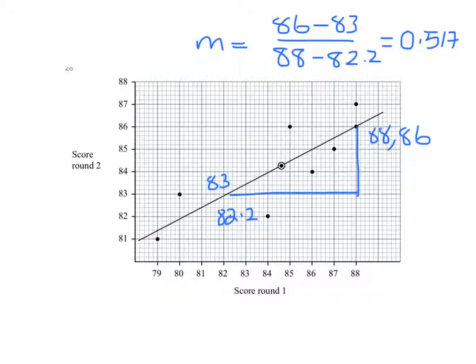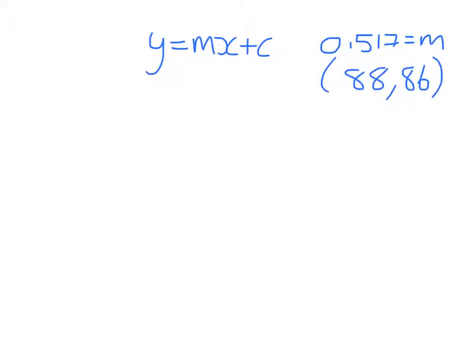Need to work out the y-intercept. You can only find the y-intercept from the graph if it starts at 0, and this one doesn't. So I'm going to have to use the equation y equals mx plus c. So if we substitute in, the y value is 86, the gradient is 0.517, and the x value was 88.